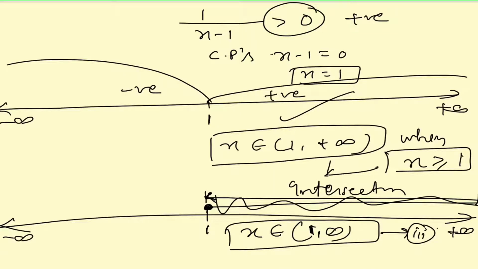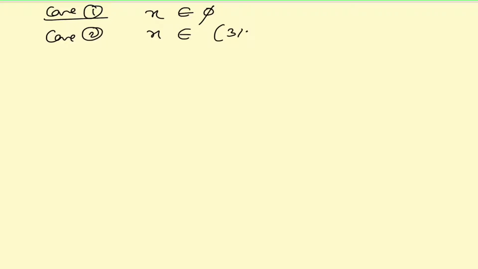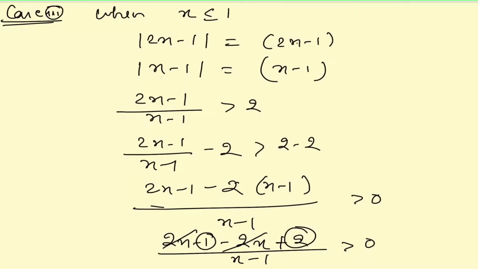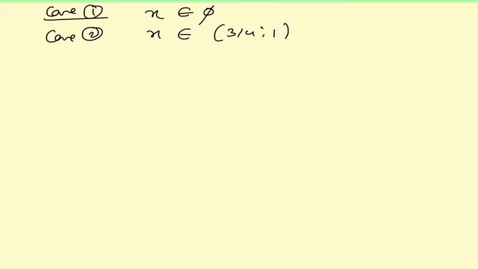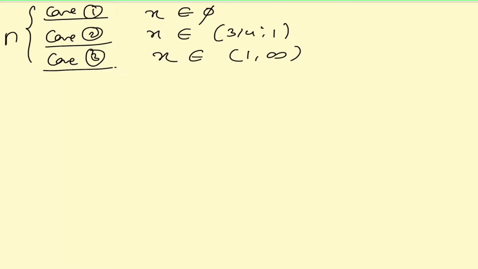Now we are going to combine all the three answers. The answer in the first case is x belongs to 5. The answer in the second case is 3/4 to 1. The answer in the third case is x belongs to 1 to infinity. So we are going to take the intersection of all these three answers.